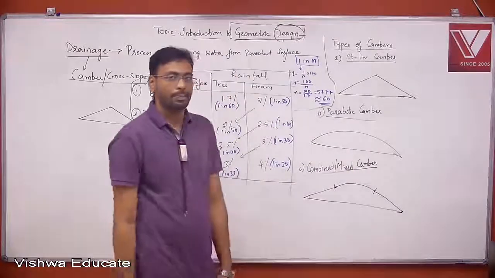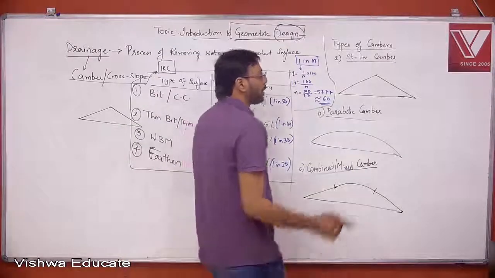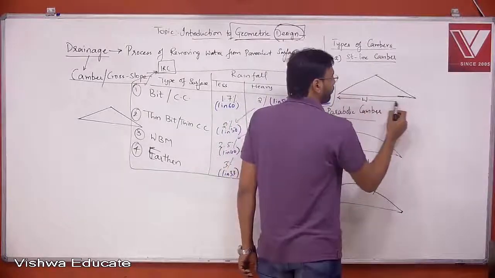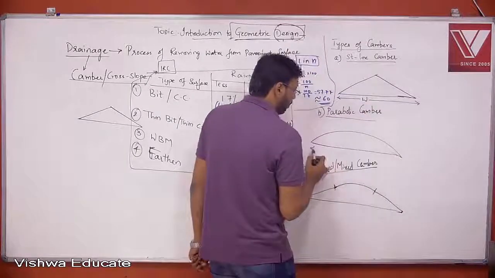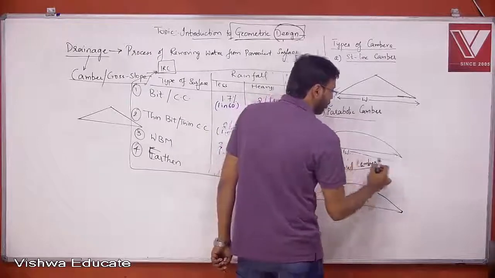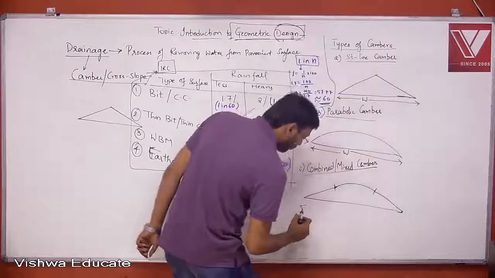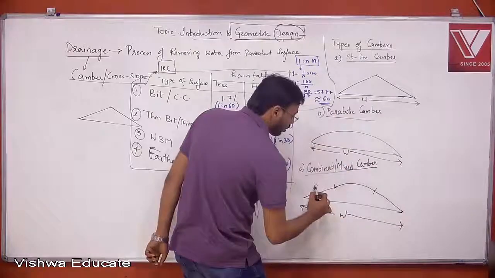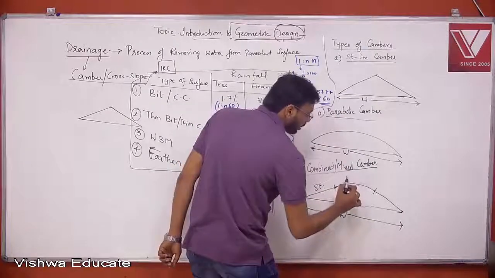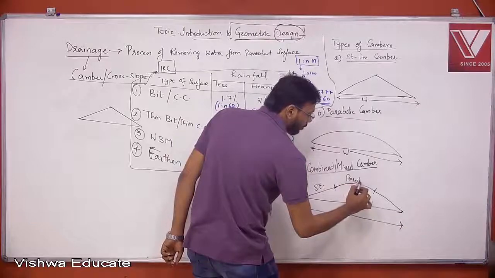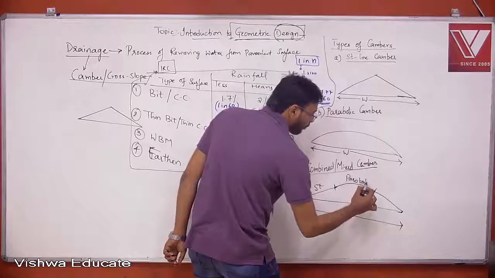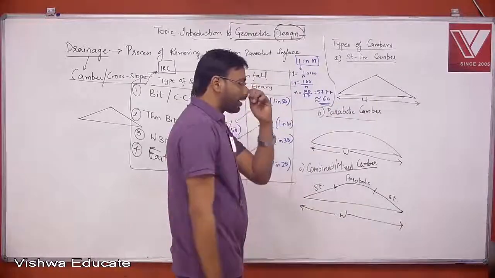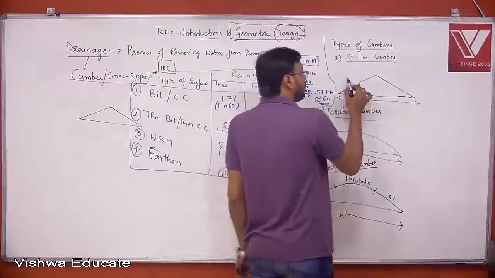Now in all these cases, let us say the width of the road is W. Combined or mixed camber is a combination of straight, parabolic shape, and straight parts. And let us say the camber is 1 in n.